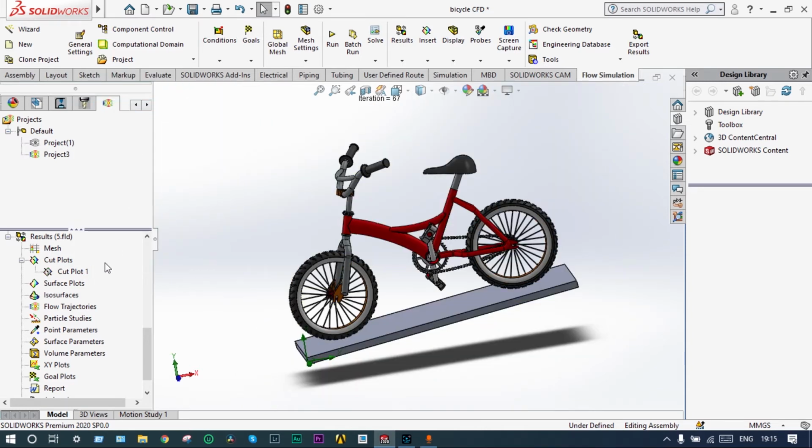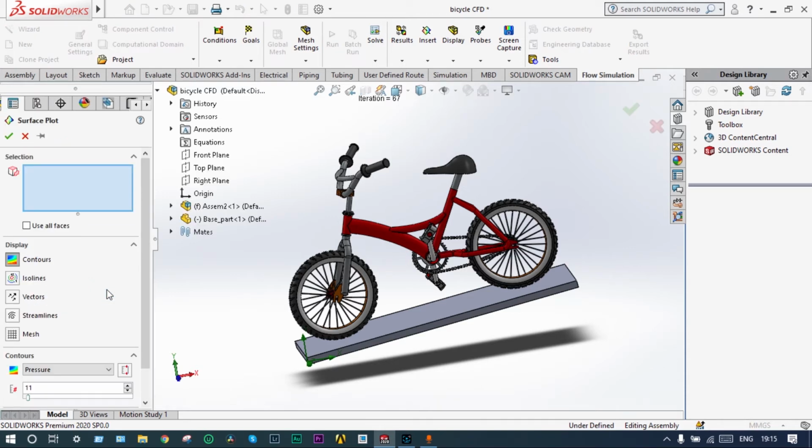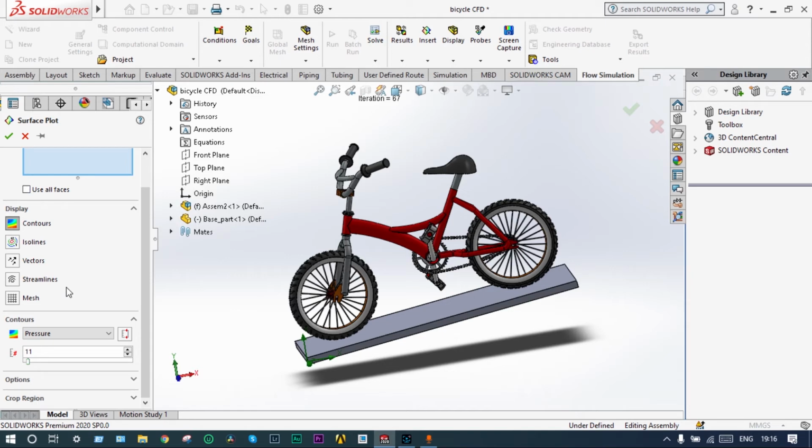Next one, we want to see surface plots. Insert surface plots. We want to see pressure and velocity, etc. both. First we'll see pressure. So we can see all faces, right? So we want to see the surface plot across all faces.